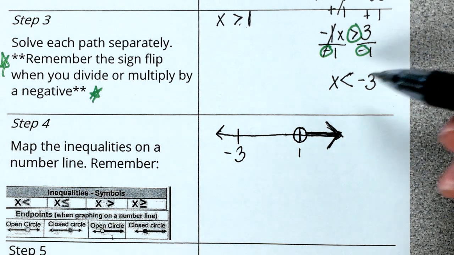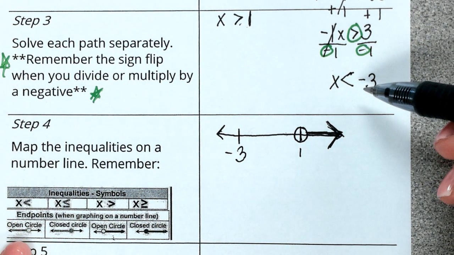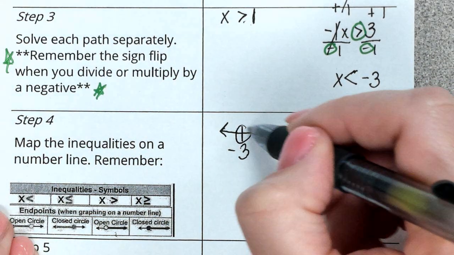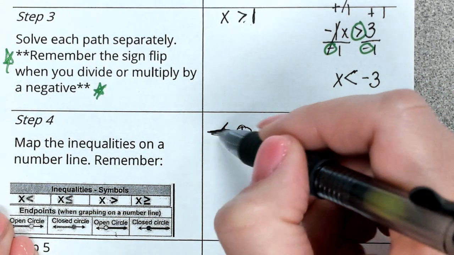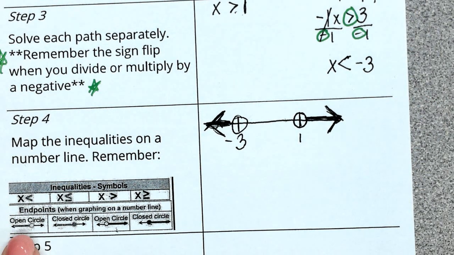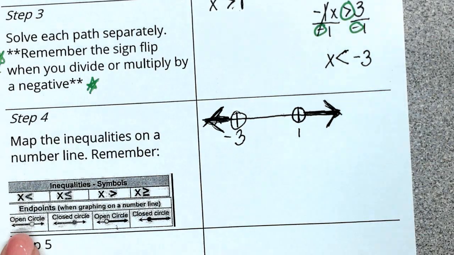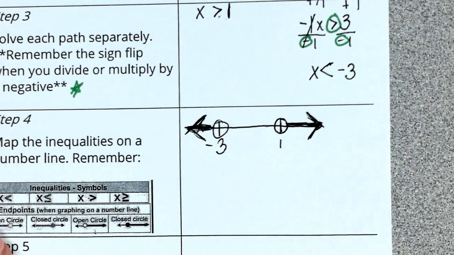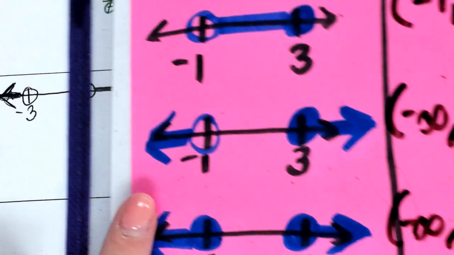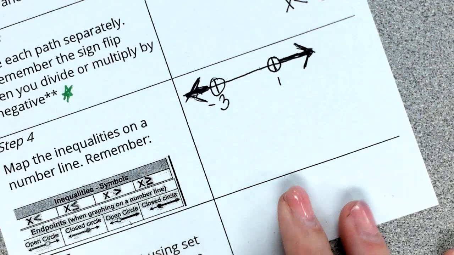And that one says x is less than, so that's an open circle going to the left. Okay? So that's a picture of what our solution looks like. On my little example that I did with you before we started, it looks a little bit like this one. Right? Okay.